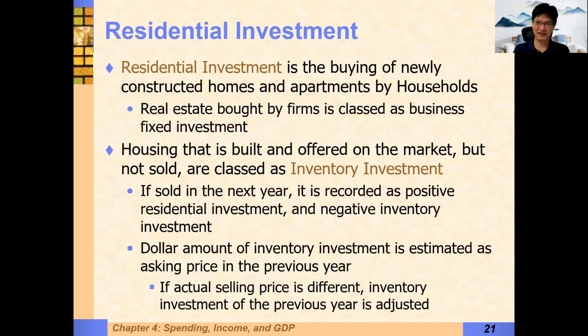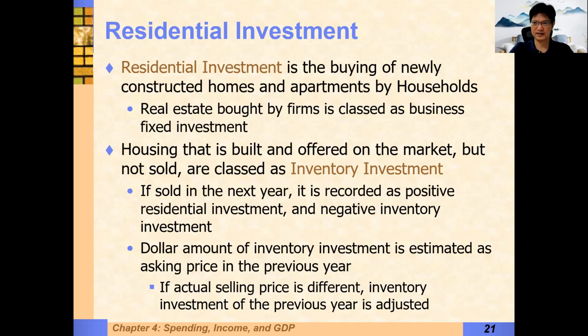All right, so residential investment is spending by households on real estate, apartments, houses, but it should be newly built real estate. If it was built in the past, then the buying of, let's say, a 10-year-old house, you're buying a second-hand good, and that doesn't count as part of GDP, as part of new investment. So let's say the house was built in 1990, and then I bought it in 2010.